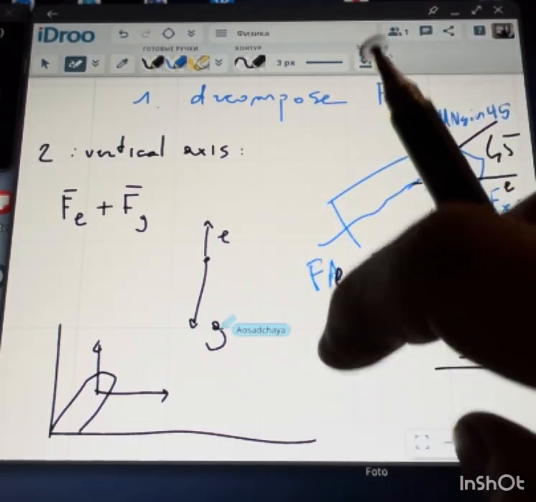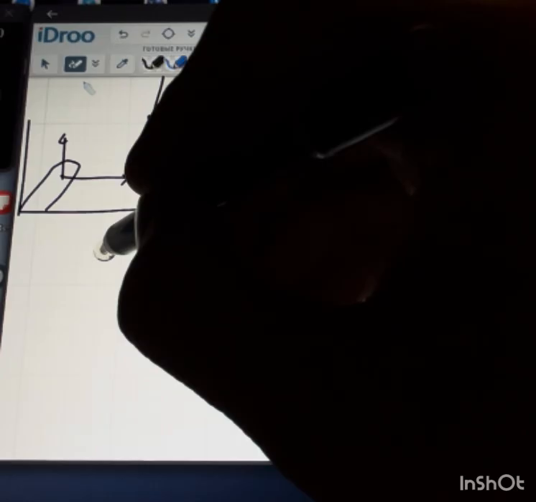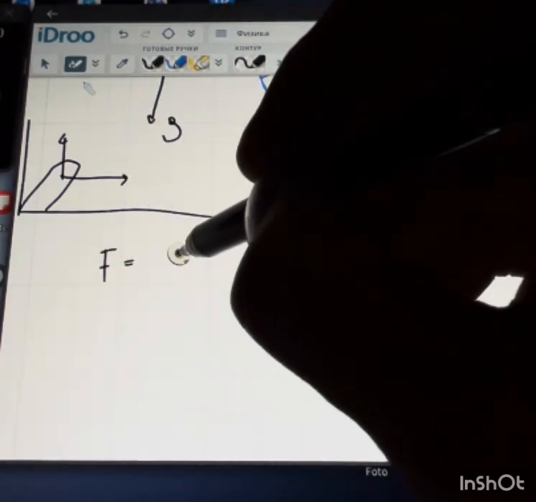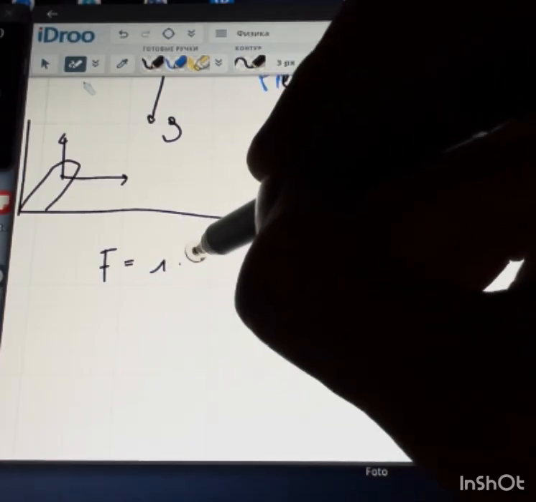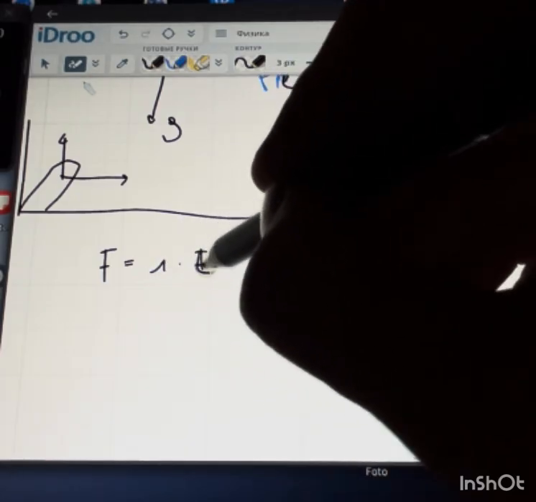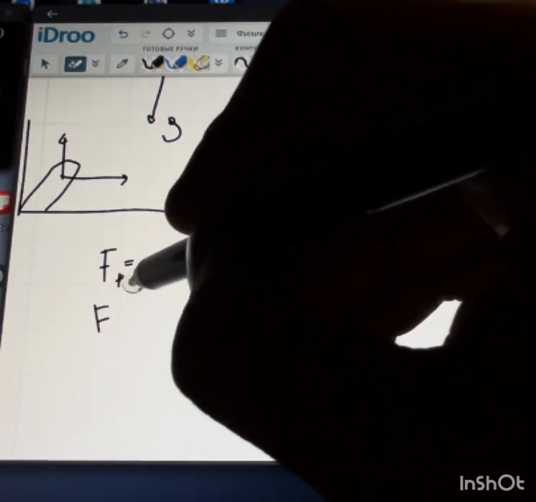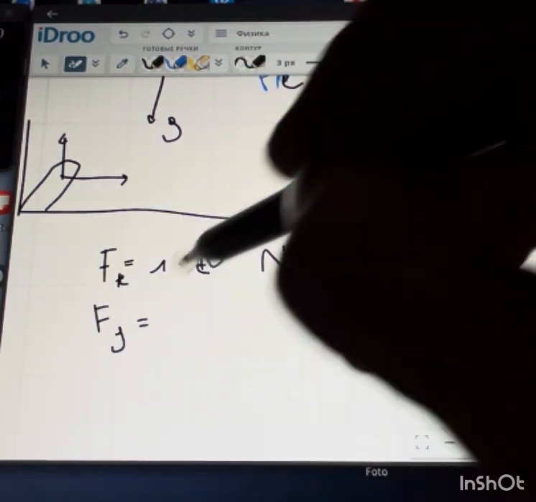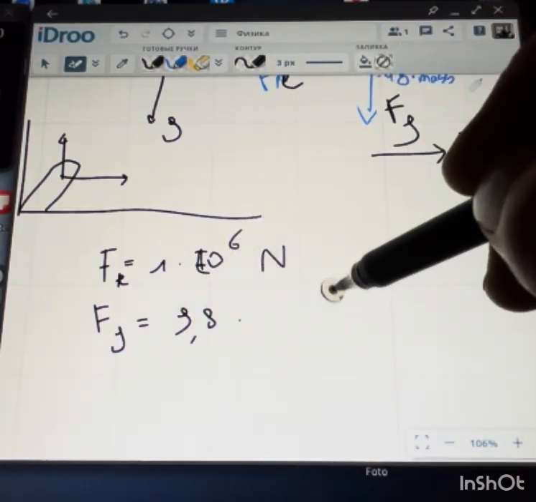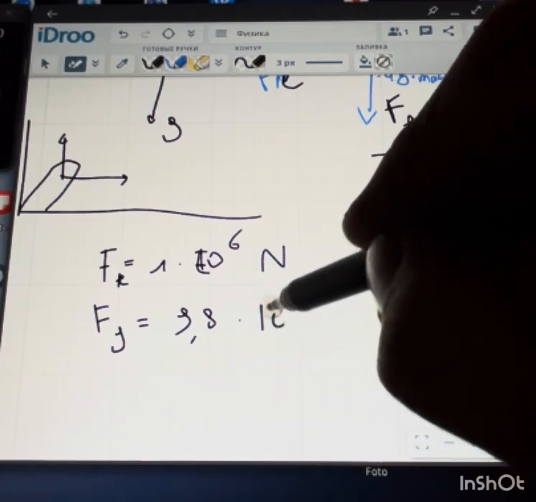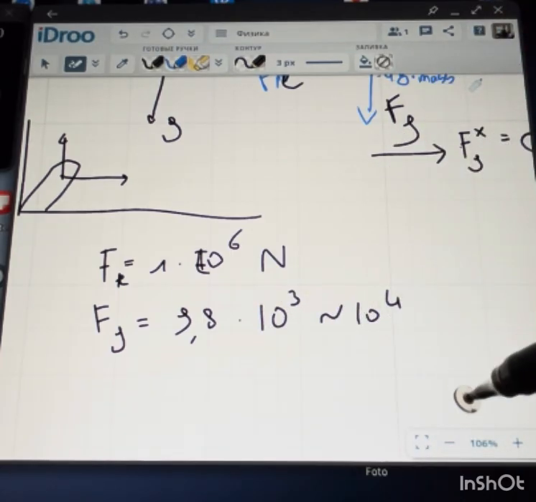Okay. Now let's go with meganewtons. So the force going up is how much? Well, 1 times 10 to the plus 6 newtons. While the force of gravity is how much? 9.8 times 10 to the power of 3, which means this is almost 10 to the fourth.